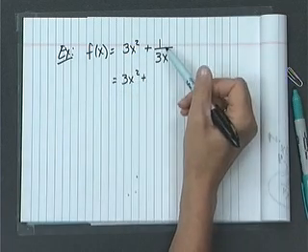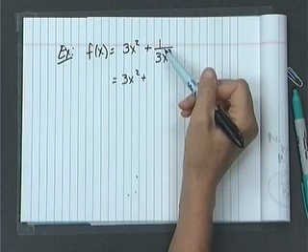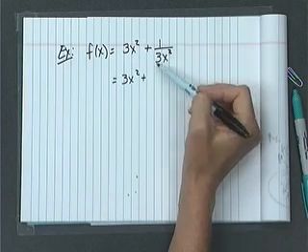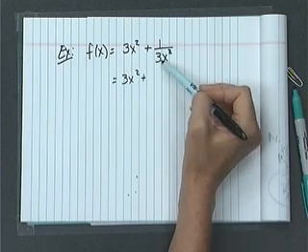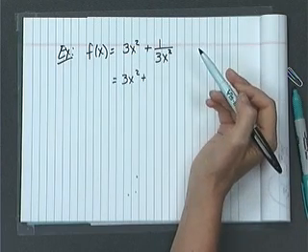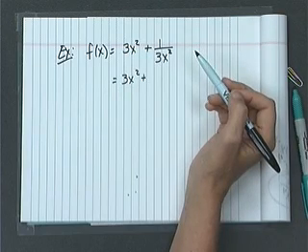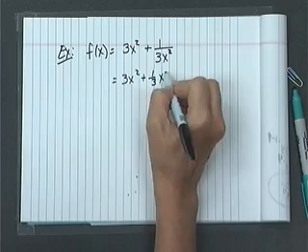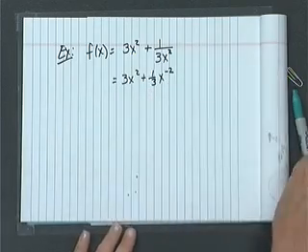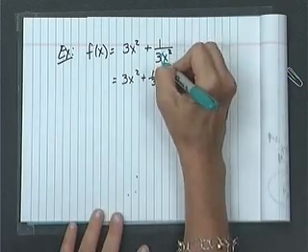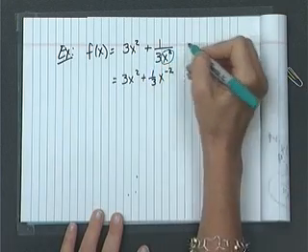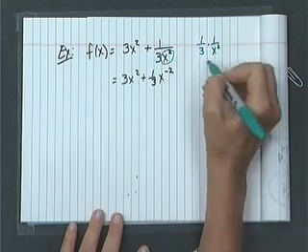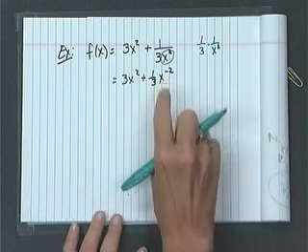You can't have the 3 here if you're going to put it in. How am I going to write this last term 1 over 3x squared so it fits the rules exactly? 1 over 3 times x raised to minus 2. Yes, 1/3 x to the -2. Remember, it's only this x that the 2 goes with. So this is like 1/3 times 1 over x squared. So you have 1/3 x to the -2.